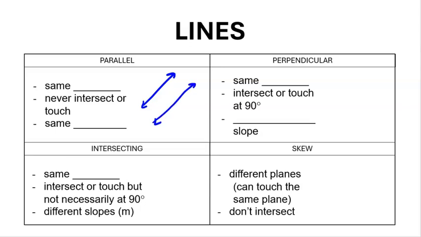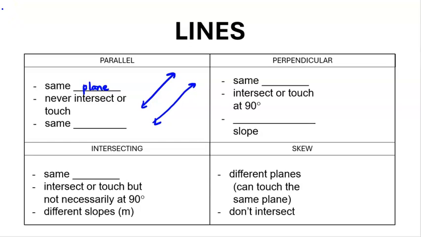And we know that parallel lines never touch or intersect, and they are also on the same plane. So thinking about parallel lines, there is a flat surface that can connect those two lines there. So when we think about the two parallel sides of our desk, we know that that flat surface of the tabletop is going to connect them.